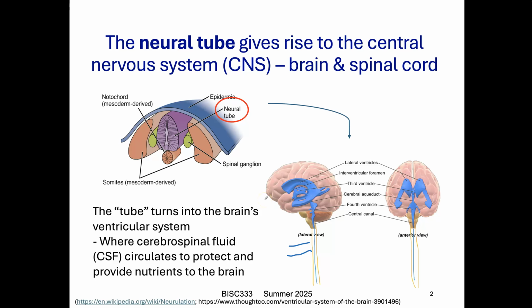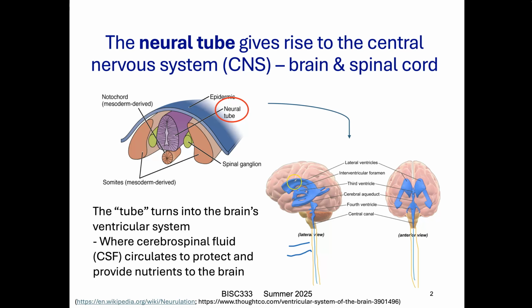structure. It basically opens up, dilation, and it creates different regions. We won't really talk about the folds and that sort of thing. We'll talk about very basic divisions of the early brain.